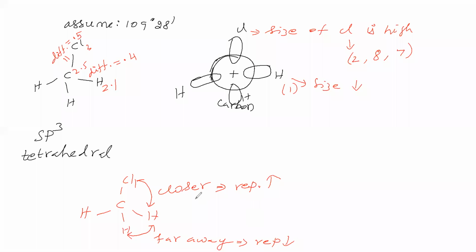Therefore, since repulsion is high here, the system is unstable.